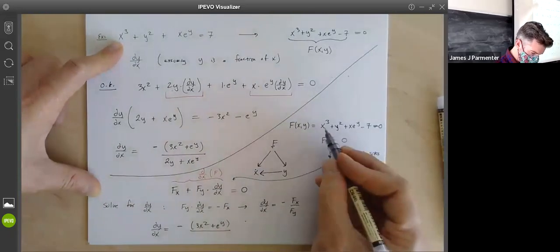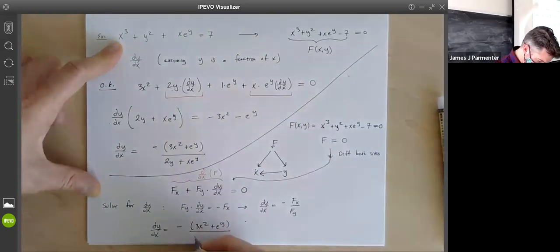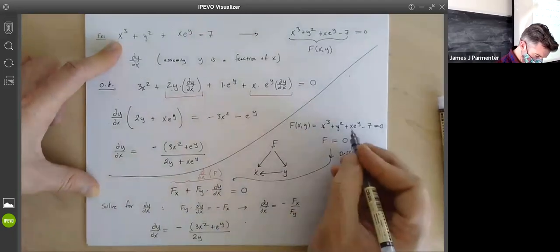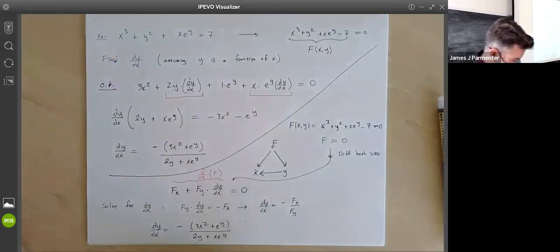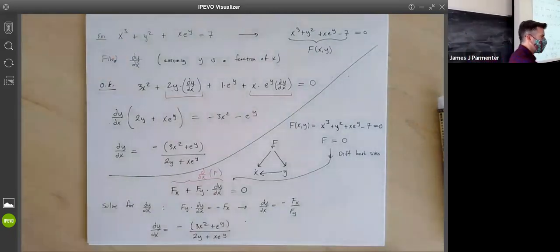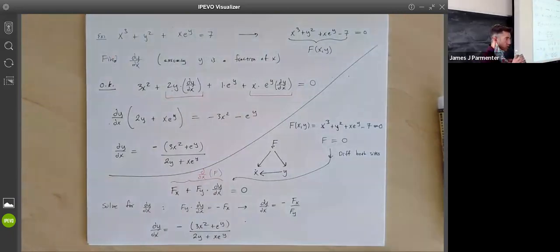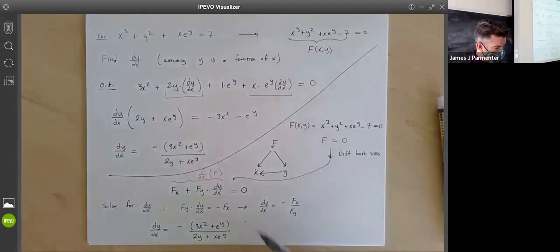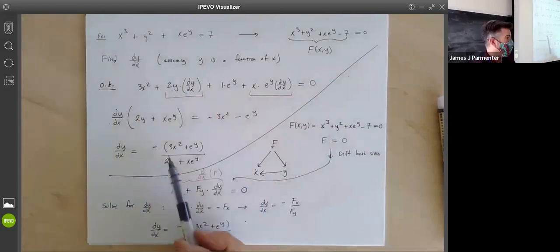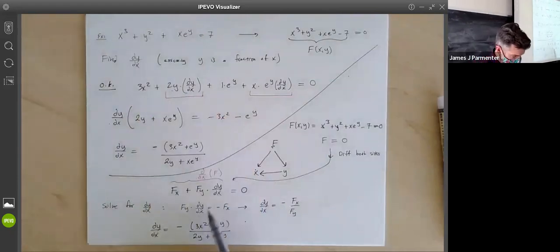The partial with respect to y is going to be 0 plus 2y plus x e to the y. Oh, look, it's exactly the same thing. Which makes sense because we literally are solving for the same thing, right? We found dy/dx here, we got a thing. We found dy/dx here, we got the same thing.